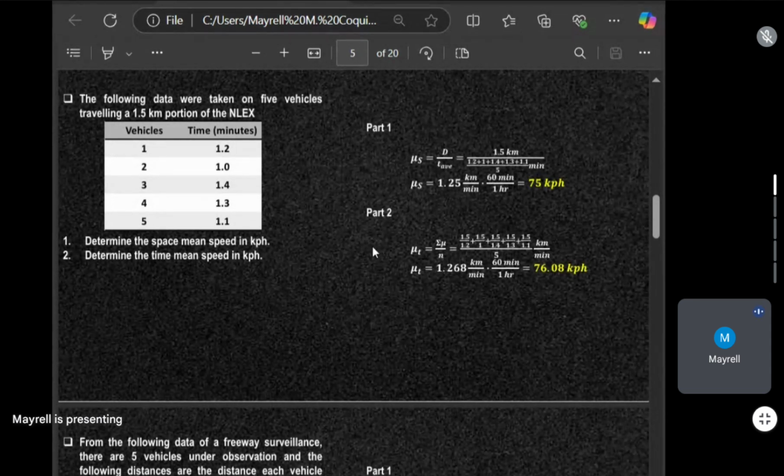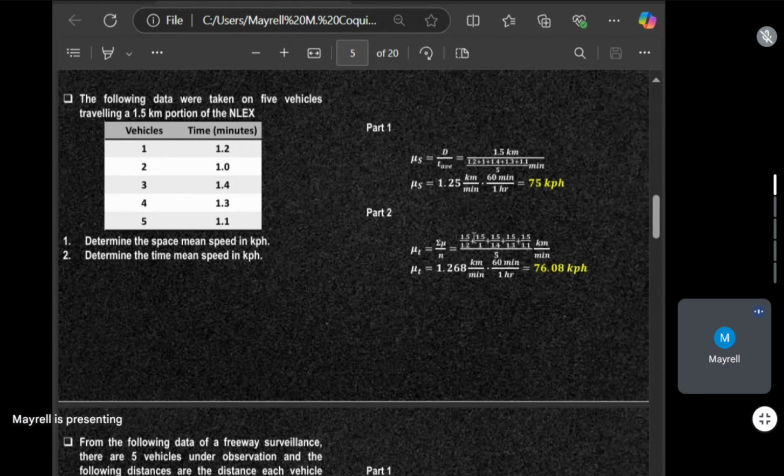Okay. Then part 2, you have the time mean speed, mu t, is equal to summation of mu, that is the space mean speed of every vehicle, over n, the number of vehicles.